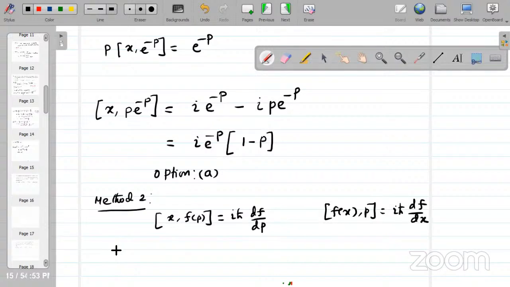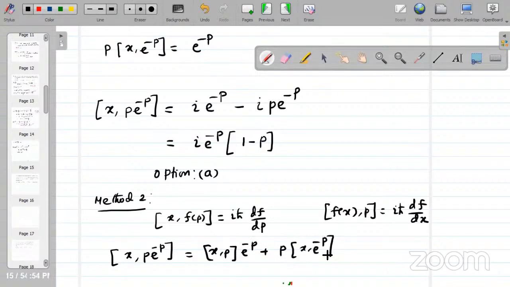So if we apply it here, I have now [x, p e^(-p)]. So I am writing, since the first one is [x, p] e^(-p), and the second one is p into [x, e^(-p)].